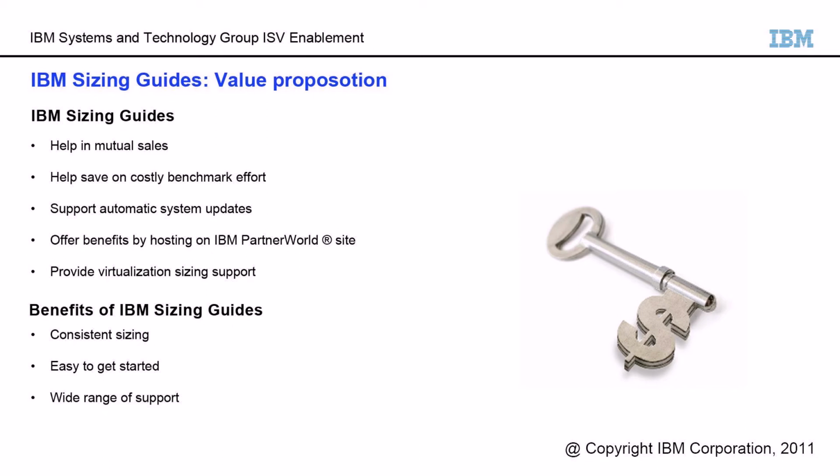Sizing guides support a wide range of IBM Power Systems, IBM System X servers, and IBM AIX, IBM i, Linux, and Microsoft Windows operating systems. Sizing guides also support IBM System Storage DS families and IBM XIV storage systems. After publishing your sizing guide, it will be available around the clock from anywhere in the world, providing the hardware recommendations required by prospects, customers, and business partners wherever they need it.